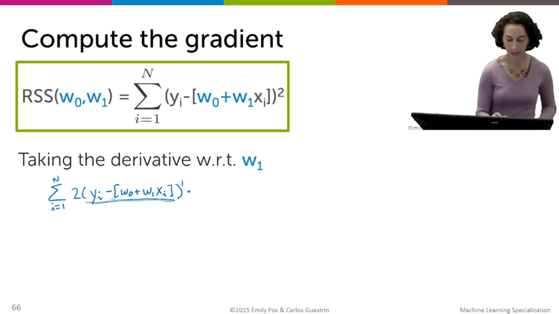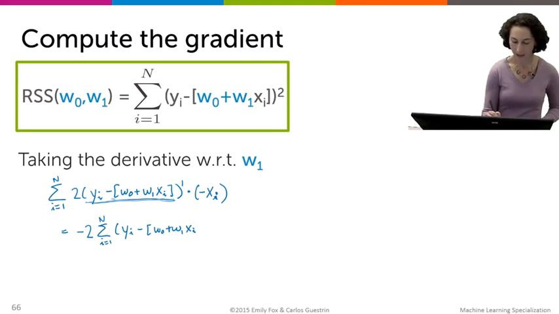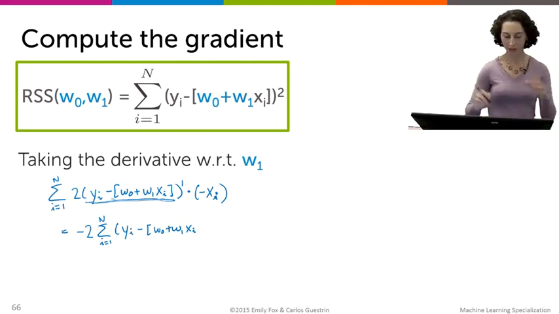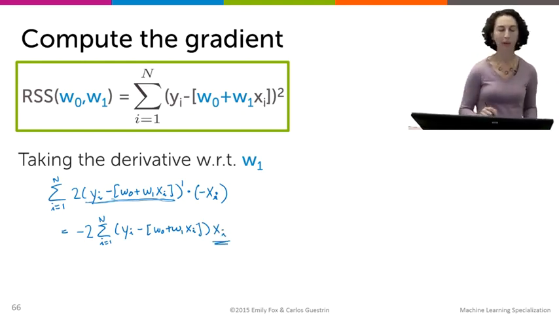I have a minus xi, so I'm going to need to multiply by minus xi. Again, rewriting this, I'm going to take the minus 2 to the outside of the sum, and I'm going to have (yi minus (w0 plus w1 xi)). Here we're multiplying by xi. We have this extra term in the derivative with respect to w1.